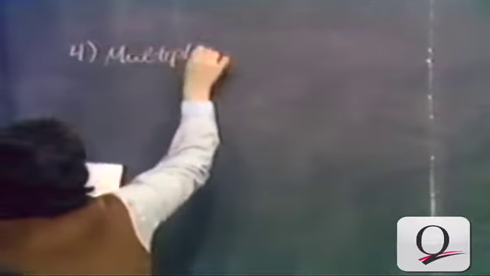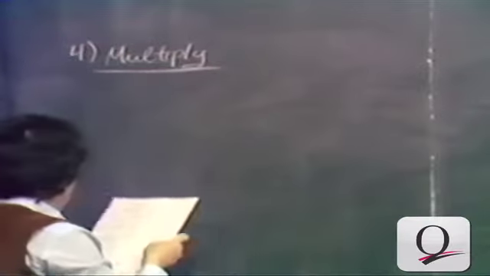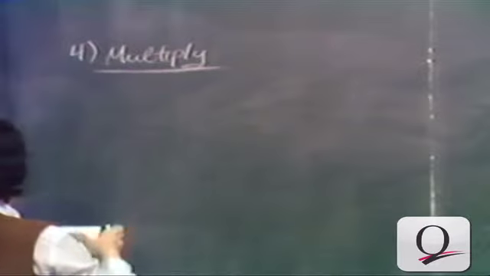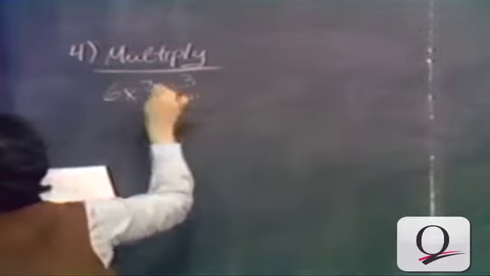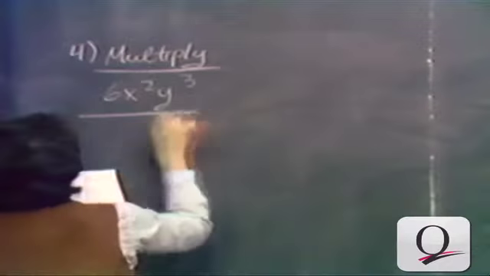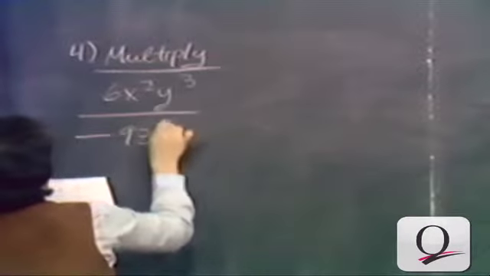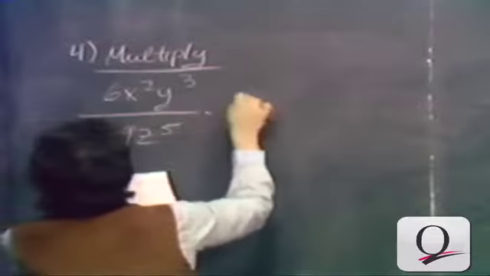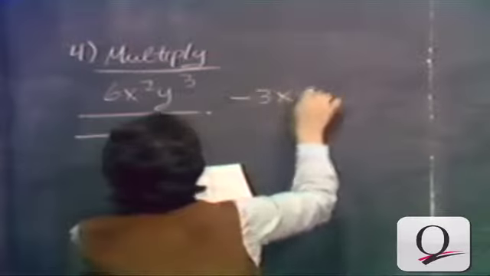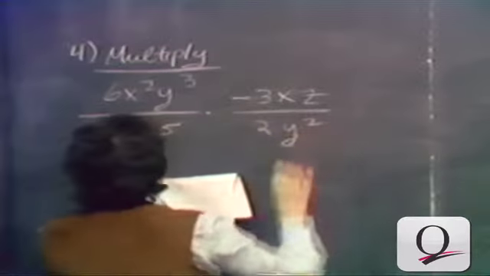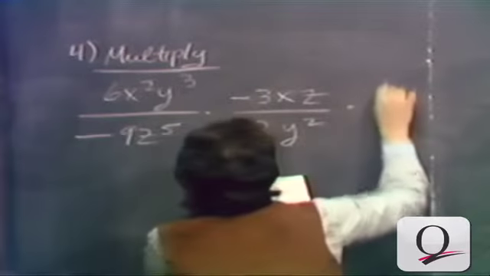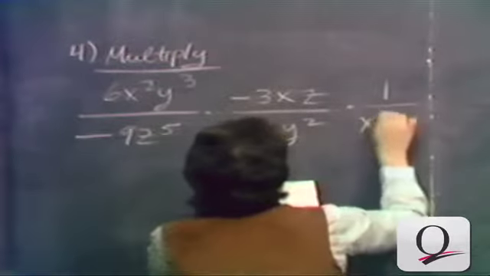Try another example. Multiply 6x squared y cubed over minus 9 z to the 5th times minus 3xz over 2y squared times 1 over x cubed y.